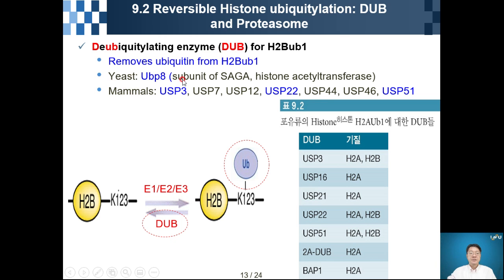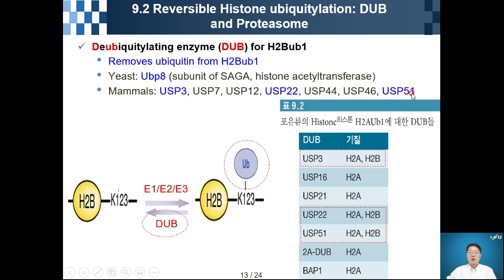This is a subunit of SAGA, which is a histone acetyltransferase. We will see some detail in the following slides. In mammals, the very famous DUBs are USP3, USP22 and USP51.